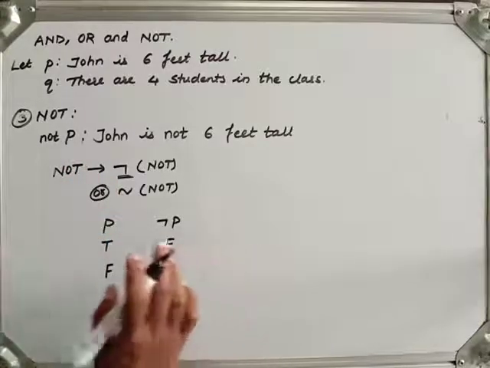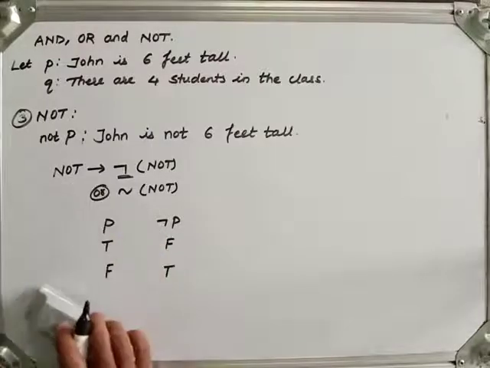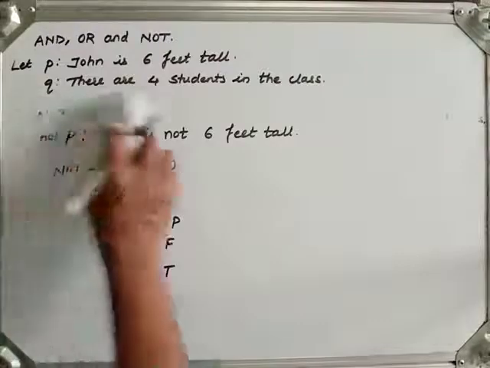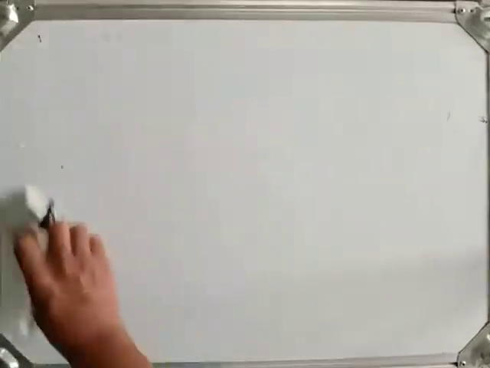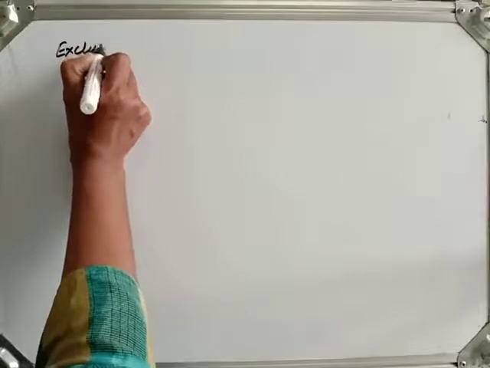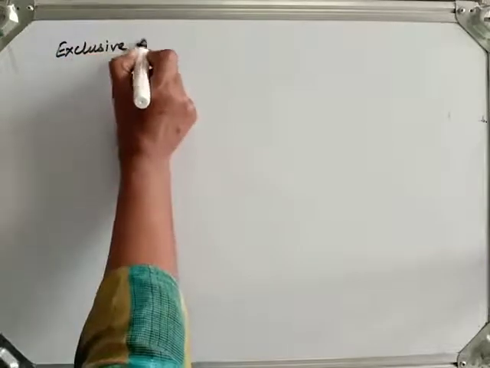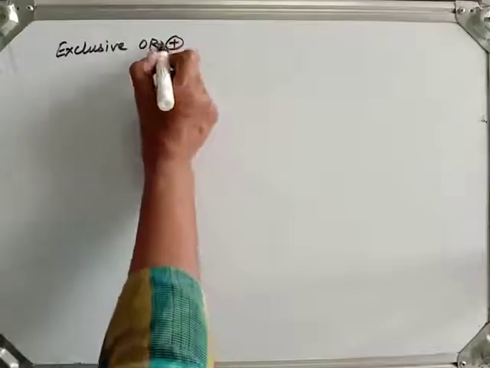Okay. Now there is one more connective. I have taught you about OR, but there is one more connective, that is exclusive OR. Exclusive OR is denoted by this symbol.